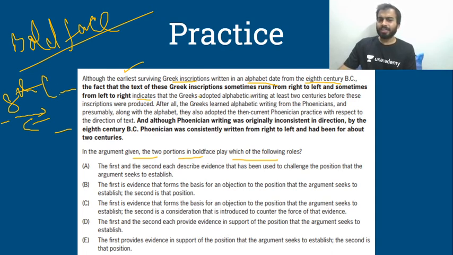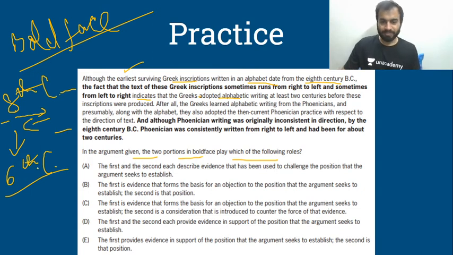This indicates that Greeks adopted alphabetic writing at least 2 centuries before this. What conclusion have they drawn from this? That they started in the 6th century. This indicates that alphabets were adopted 2 centuries before. If inscriptions were produced in the 8th century, when were alphabets adopted? In the 6th century. Okay, this is what the conclusion is.